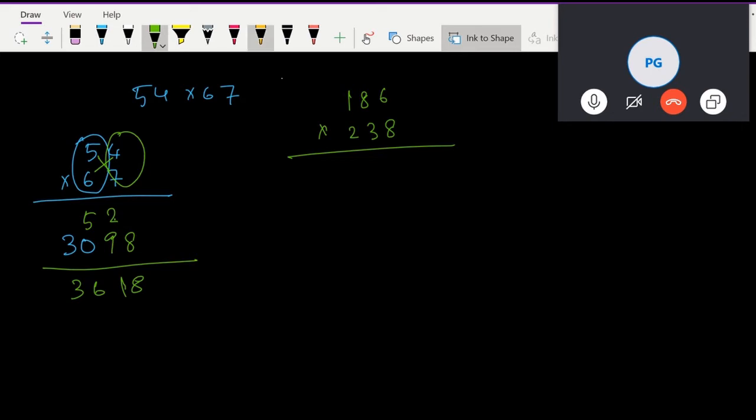So again, the logic is the same. So first multiply 2 into 1, that is 2, right? Next, multiply 2 into 6, which is 12, plus 8 into 1 is 8, which is 20, plus 8 into 3, which is 24, which is 44. So we write 44 like this, right?